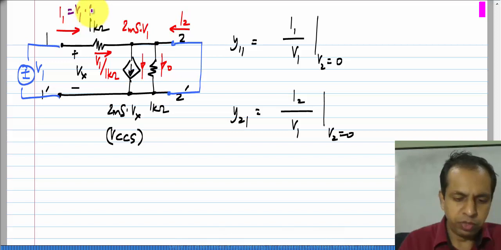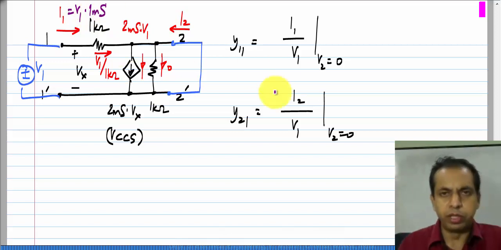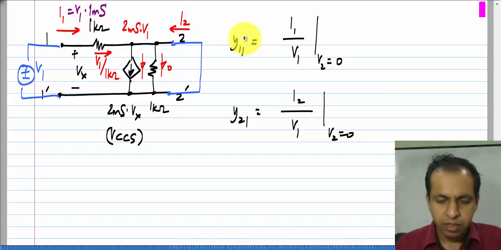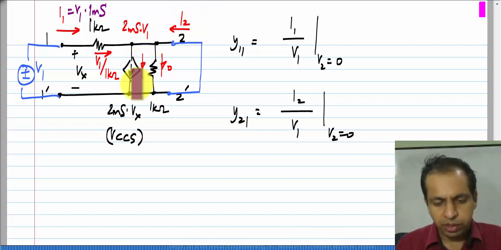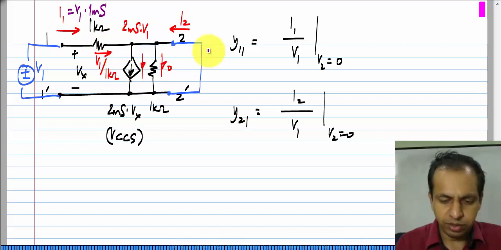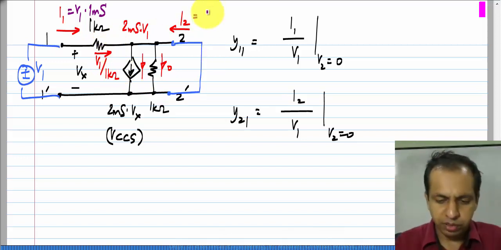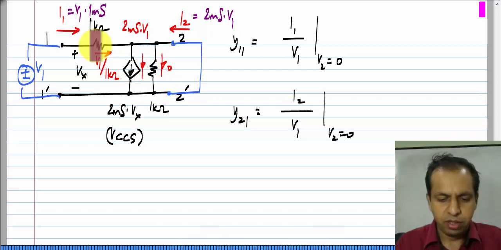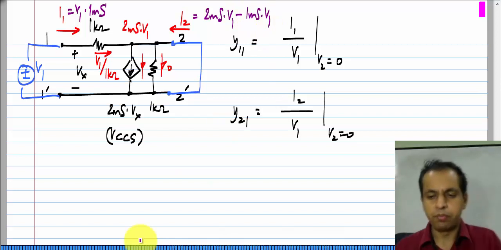or V1 times 1 millisiemens, because 1 by 1 kilo ohm is 1 millisiemen. And this I2 is nothing but the current through the control source minus the current coming in from this resistor, and that happens to be 2 millisiemens times V1, that is what is going down into this, nothing is going here, minus the current V1 by 1 kilo ohm, which is minus 1 millisiemens times V1.